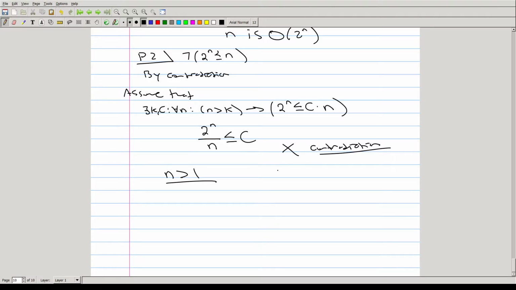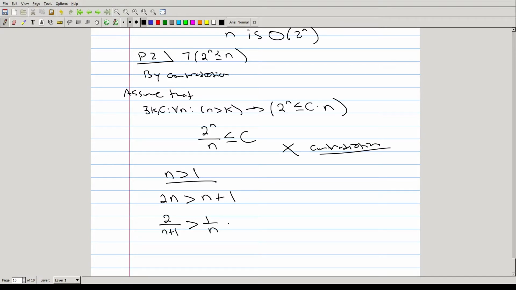Therefore, 2 times n is strictly greater than n plus 1. Which means that 2 over n plus 1 is strictly greater than 1 over n.